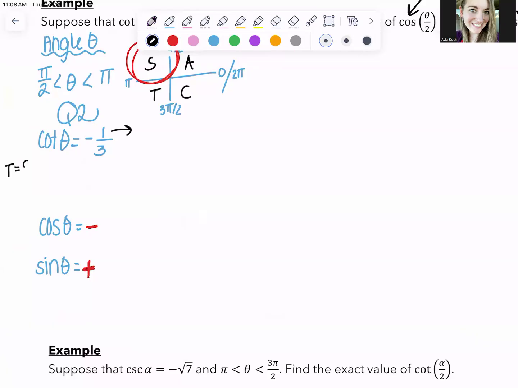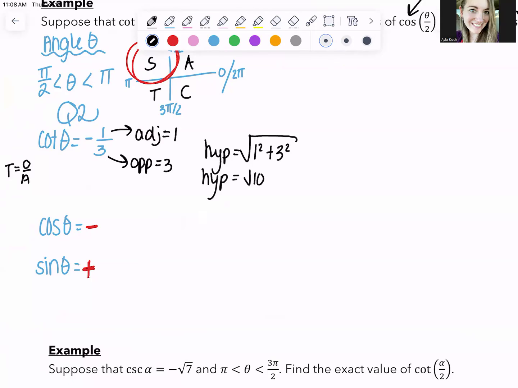So TOA, tangent is opposite over adjacent, which means the soulmate cotangent would be adjacent 1 over opposite 3. That makes the hypotenuse the square root of 1 squared plus 3 squared. So the hypotenuse is square root 10. Cosine is adjacent 1 over hypotenuse, square root 10. Sine is opposite 3 over hypotenuse, square root 10.